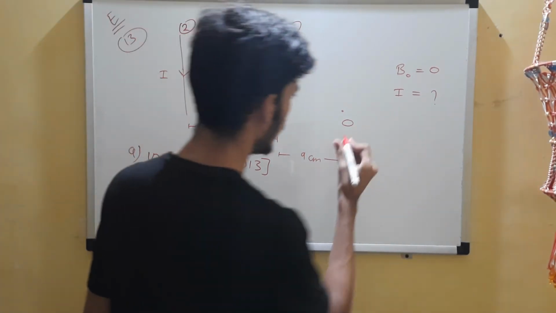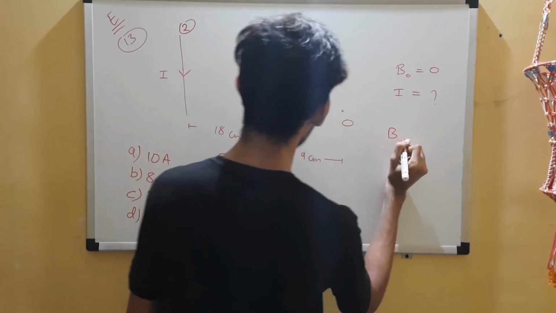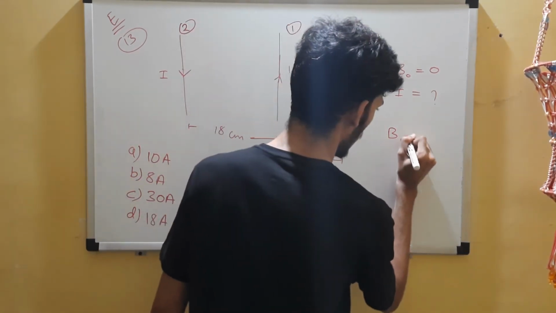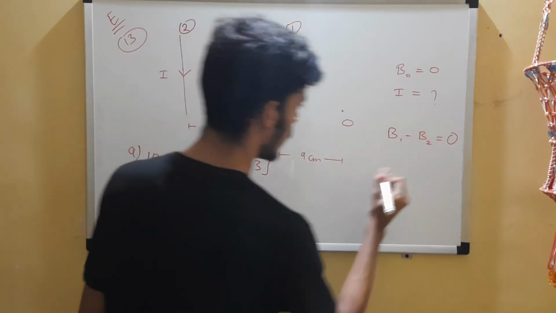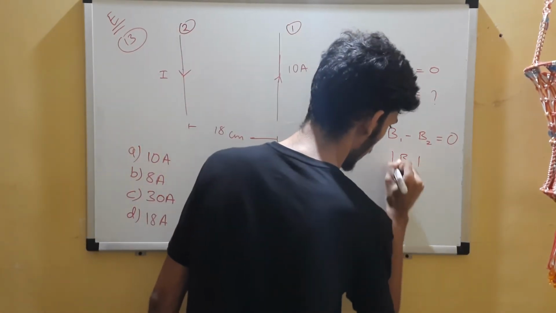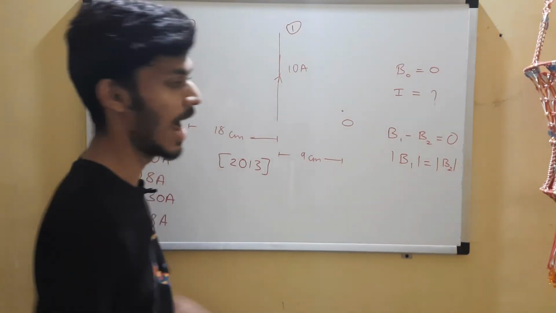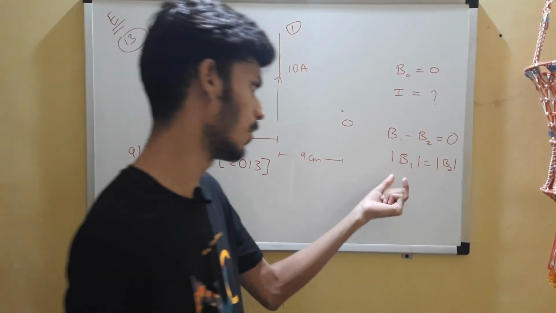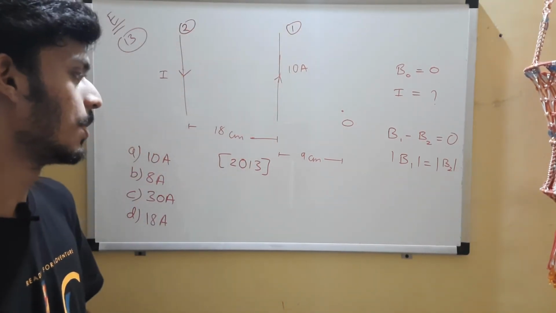You just equate the magnetic field at point O as 0. So field due to wire 1 minus field due to wire 2 will be equal to 0, or you can just equate their magnitudes. At point O, the field due to wire 1 is equal to the field due to wire 2.